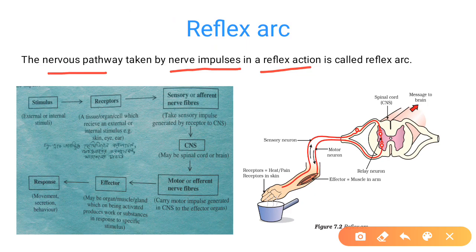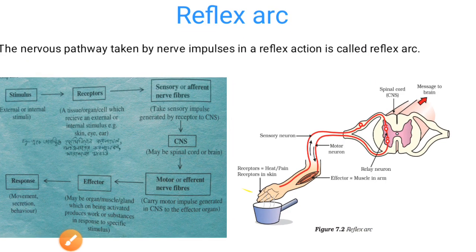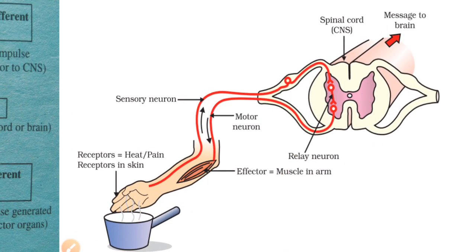So during reflex action, the nerve impulses cover some pathway, and this nervous pathway is called the reflex arc. Now this is the diagram of the reflex arc.